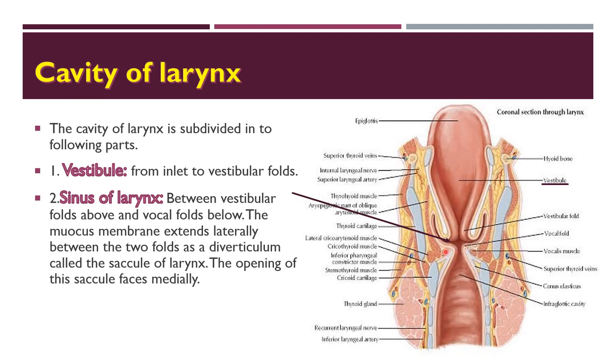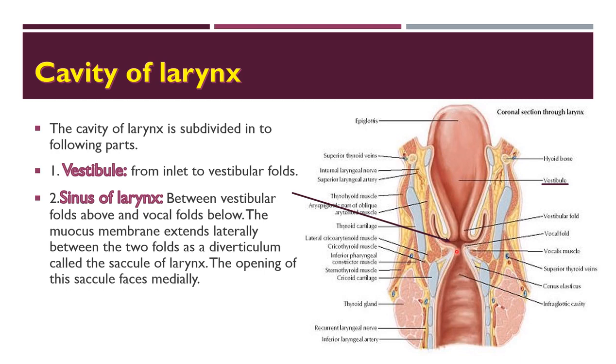The ventricle of the larynx is a space present between the vestibular folds above and the vocal folds below, or you can represent it as a gap between the quadrate membrane above and the cricovocal membrane below, because these two folds, the vestibular and the vocal folds, are nothing but thickenings of the lower part of the quadrate membrane and the upper part of the cricovocal membrane.